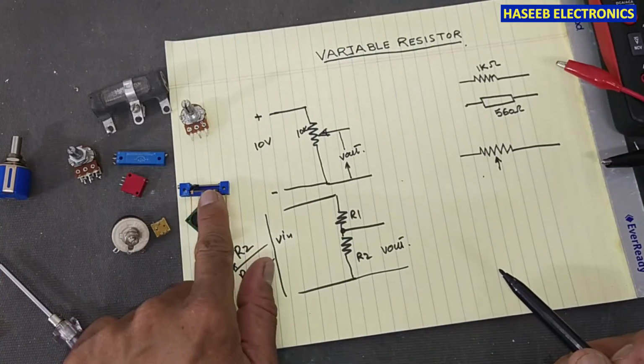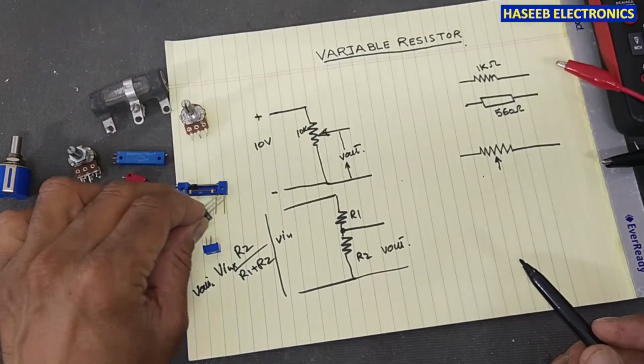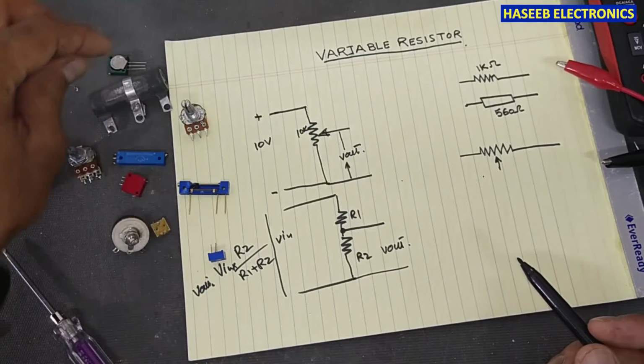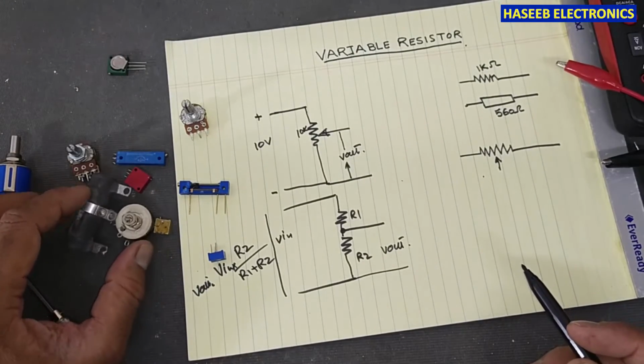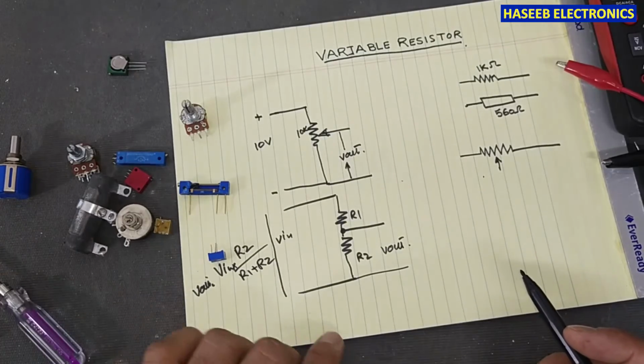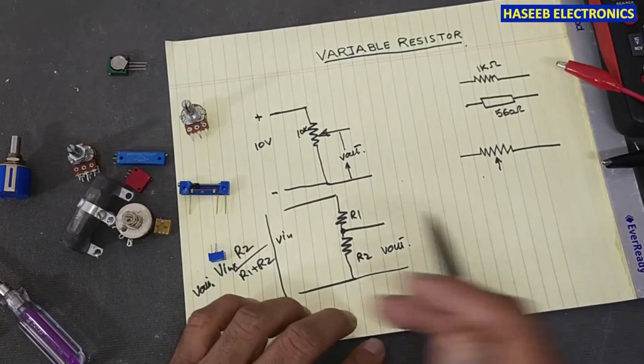Potentiometer is used to provide low power output, and the rheostat, these are current controlling resistors. These are voltage controller resistors, and this is a current controlling resistor.